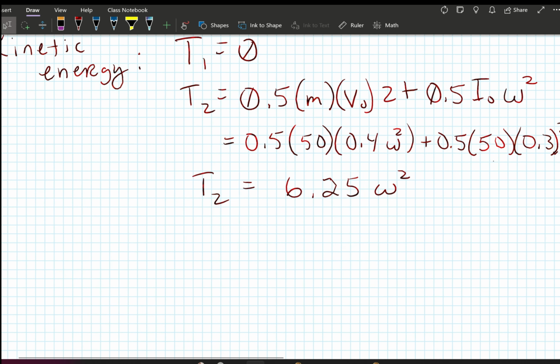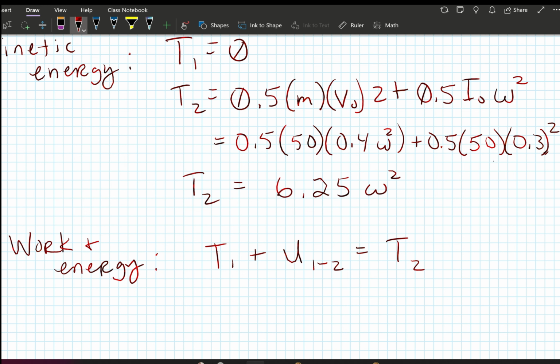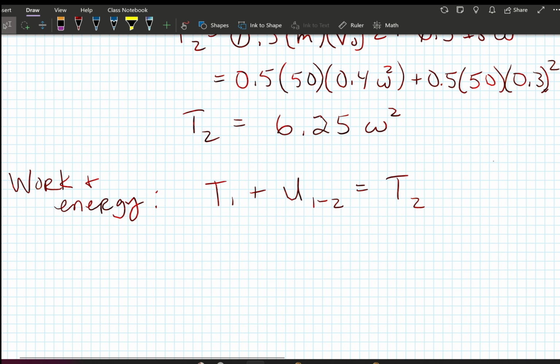All right, and then lastly, that takes us to work and energy. Work and energy will be T sub 1 plus U sub 1 to 2 is equal to T sub 2. This looks very good for us.